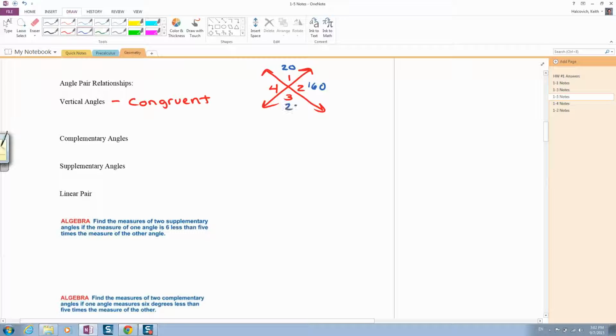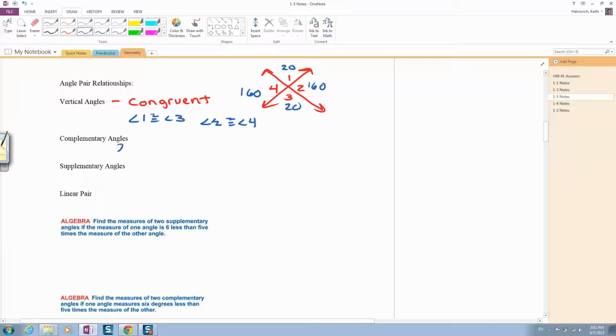Then this would have to be 20 because of the line here, and then this would have to be 160. So notice their vertical angles are the same. So angle 1 is always congruent to angle 3, and angle 2 would be congruent to angle 4.